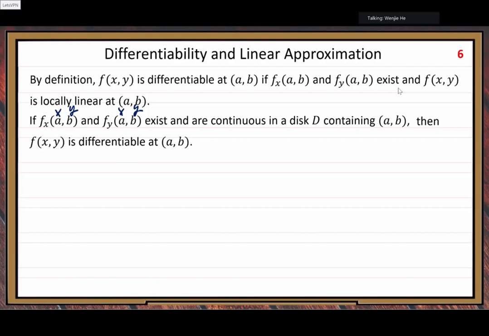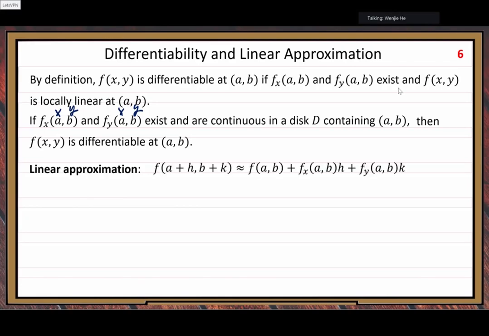So for the last few minutes, I may show you something. The linear approximation: after we have the local linearity property, we can do a linear approximation. This is the first version of linear approximation.